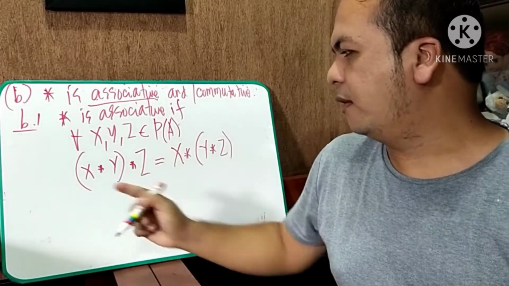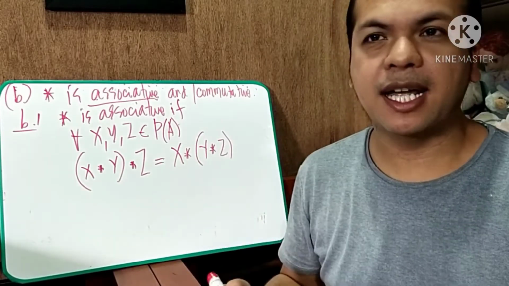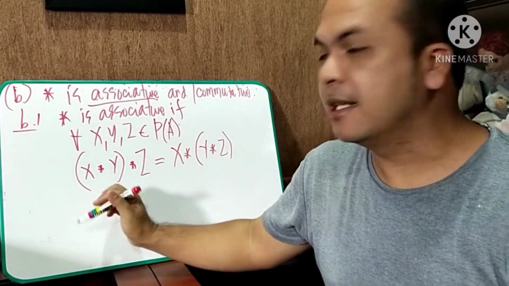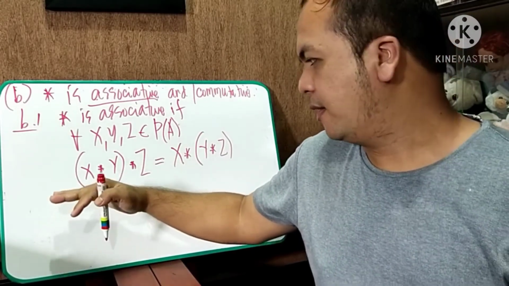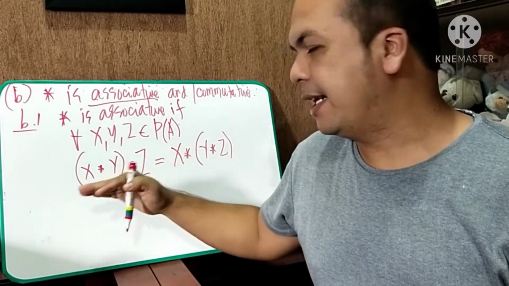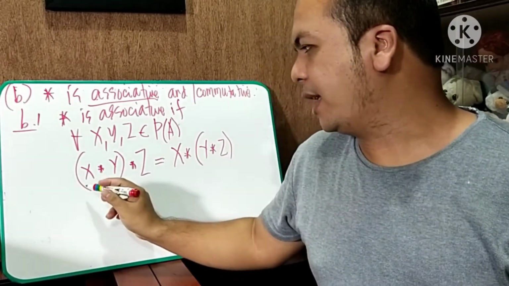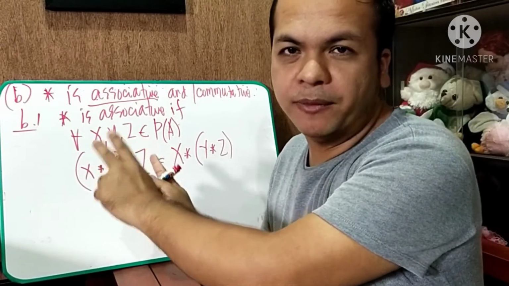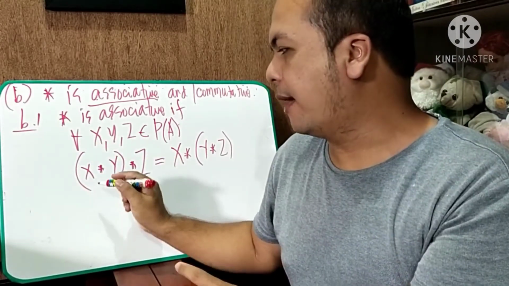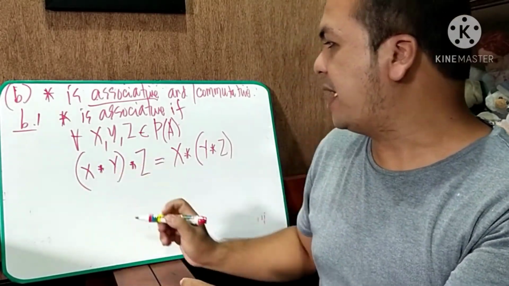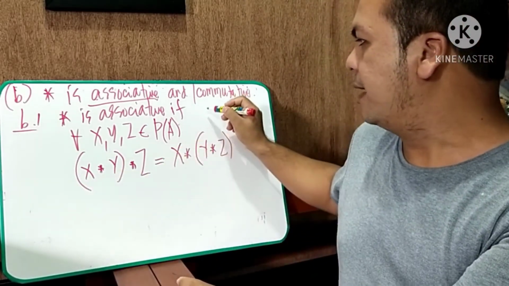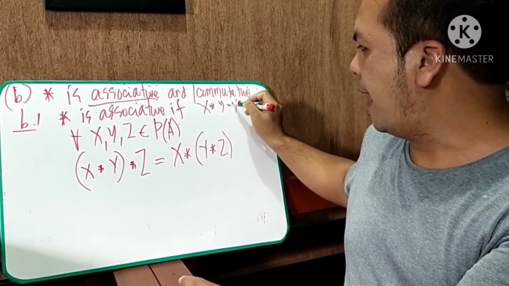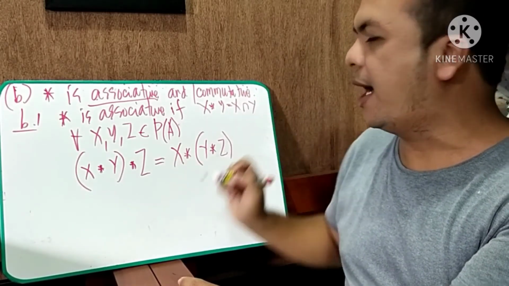So, we have to show na ito ay equal dun sa kabilang side of the equation. Okay. So, let's work muna natin tong sa left hand side of the equation. So, what is x star y star z? So, work muna natin sa loob ng parenthesis. Okay? So, x star y is, by definition of a star, diba? X star y is equal to x intersection y.